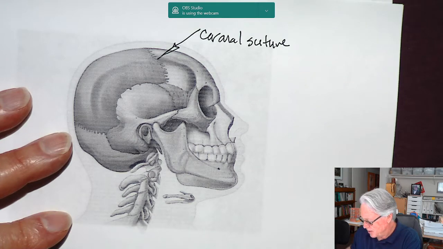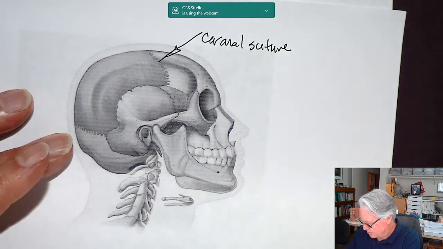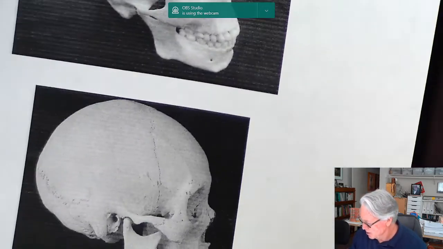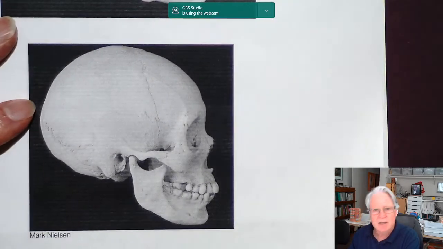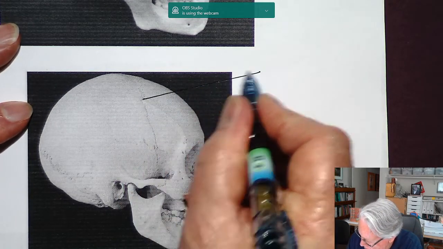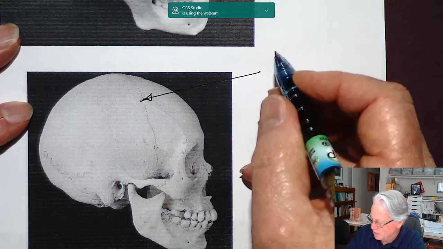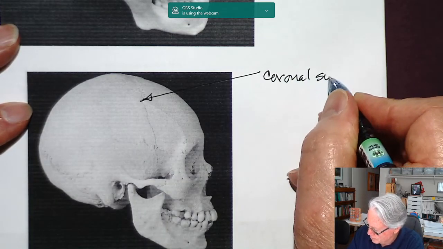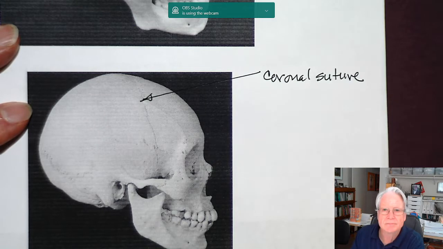This is page 5 of that handout if you're looking. And I actually can show you a different one, this is page 4. And if you look very carefully right here, I also have the coronal suture. Okay.